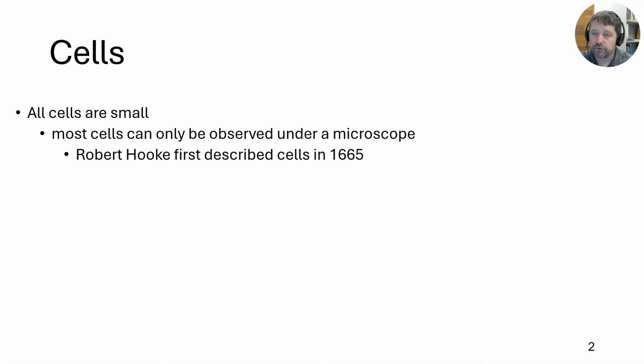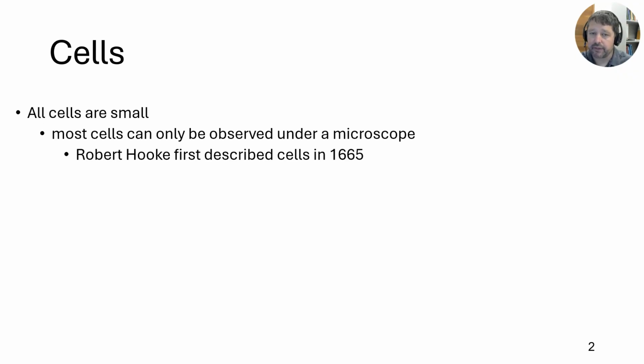Robert Hooke, as I discussed before, was the first person to describe a cell, and he did so in 1665. He was looking at cork, which is the part right underneath the bark of a tree; some trees have more, some have less. There's an area of cells there, which is where we get cork from. If you're looking at a cork board, that's the area of the tree it comes from.